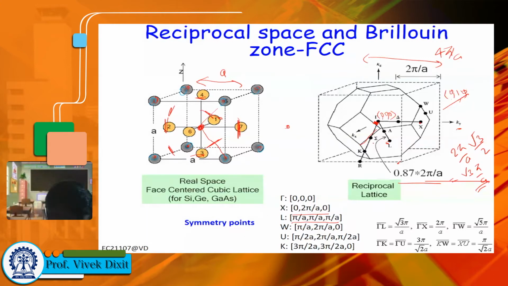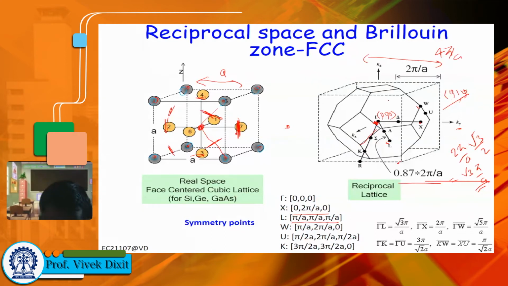Similarly, this W is basically the intersection of the plane at the face and the plane along the diagonal, right?